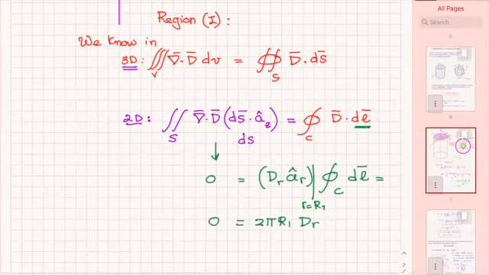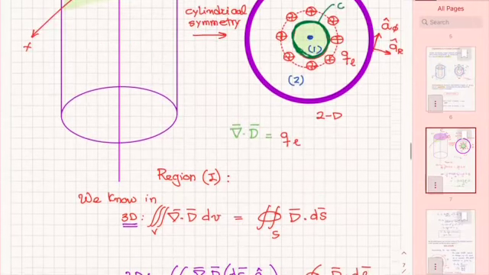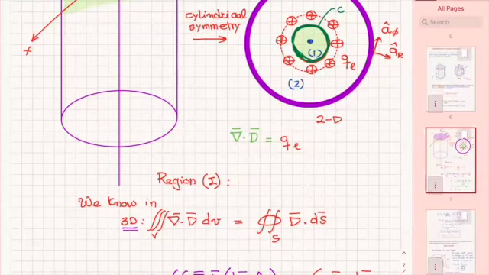So from here, what do we find? That this D is going to be 0 everywhere inside the circle that carries the charge distribution. Does that remind you of something?